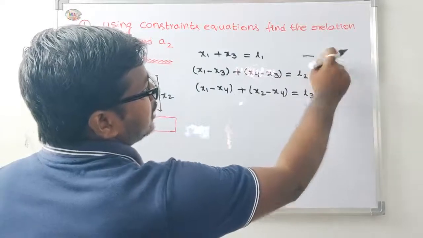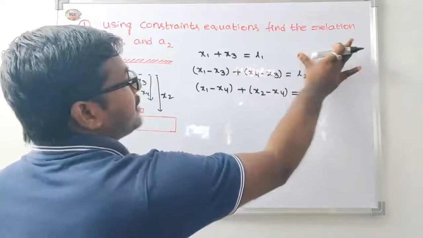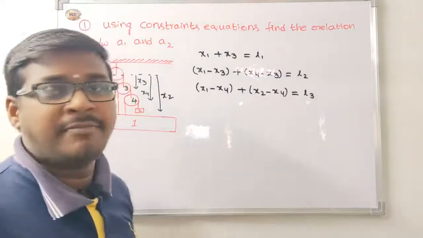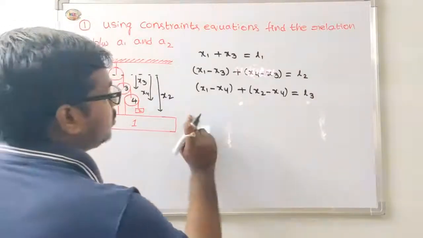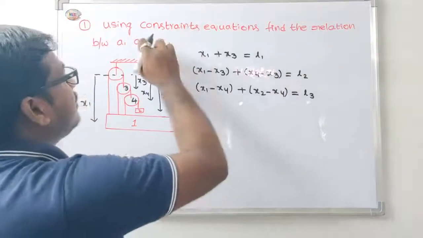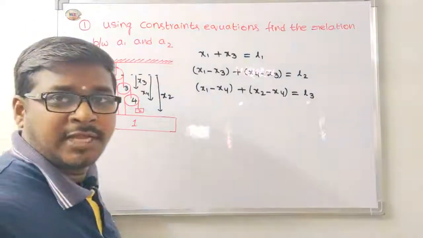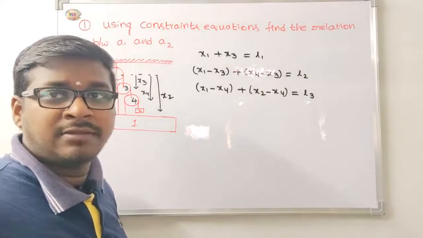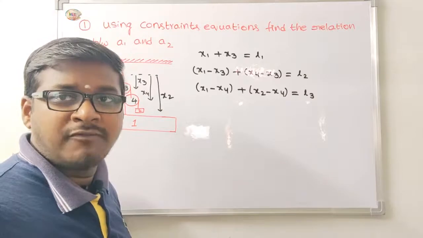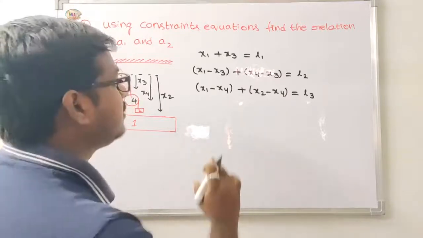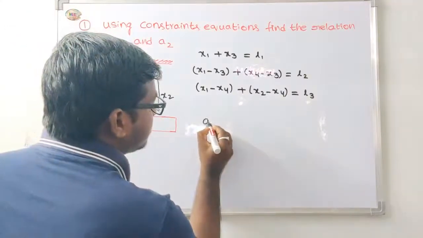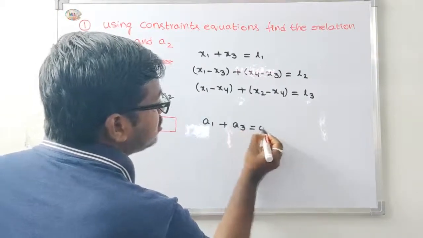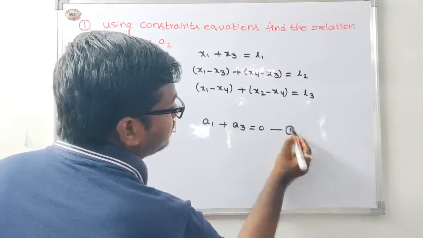For these three equations, we take the two-times differentiation with respect to time on both sides, because constraint equations establish the relation between the accelerations of different blocks of the system. It is written as: first, a1 plus a3 is equal to 0, equation number 1.